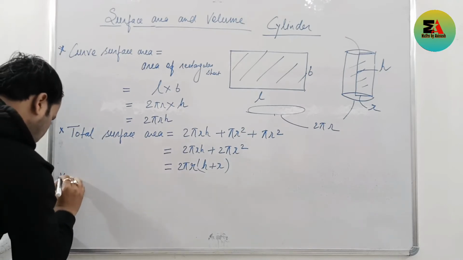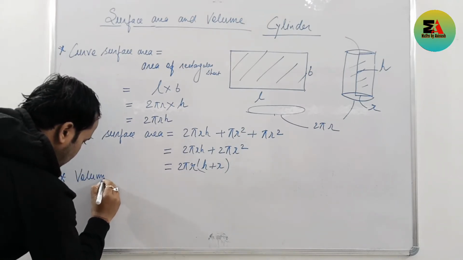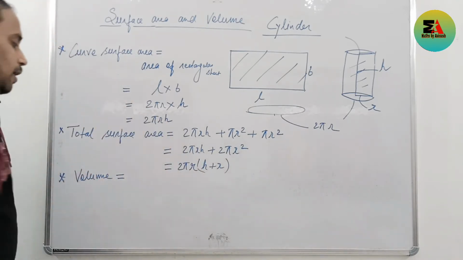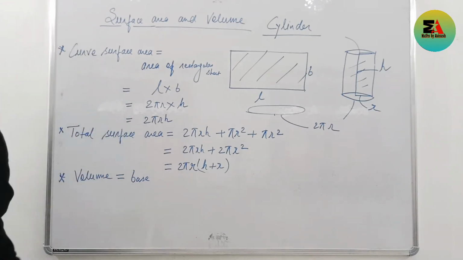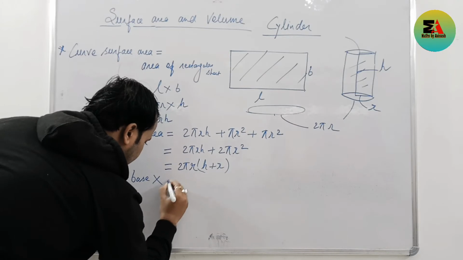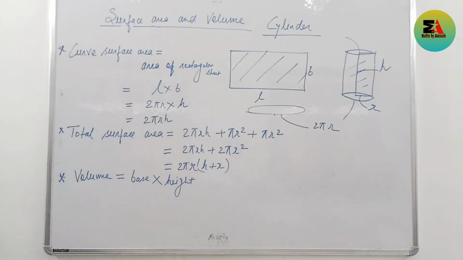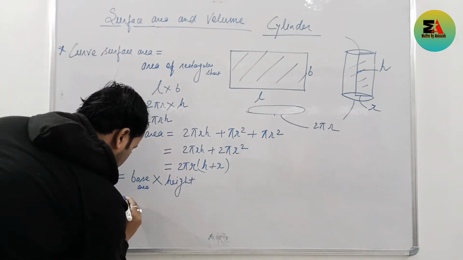Next, volume. We know that for any solid figure, if you multiply base area with height, it becomes volume.